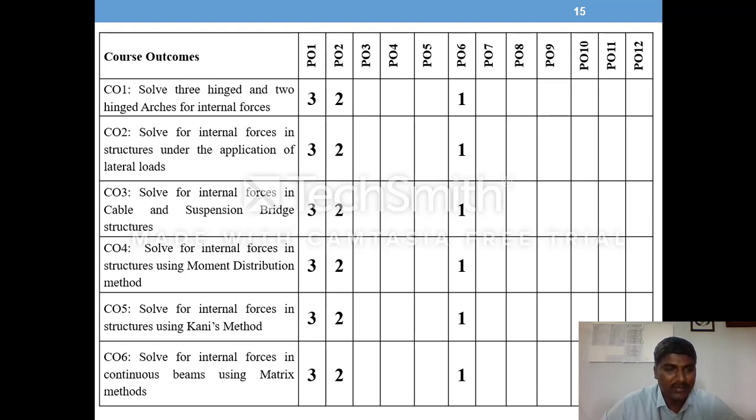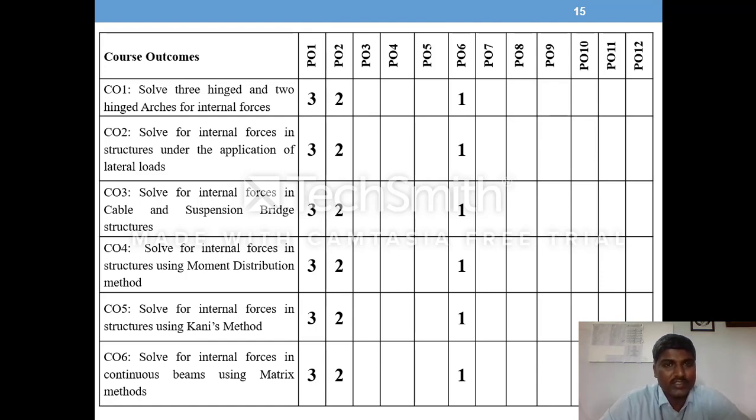After completing this course, you see he is able to do PO1 to the maximum extent, and PO2 moderately, and PO6 to the lowest possible level. So this is how you can map the CO and PO.